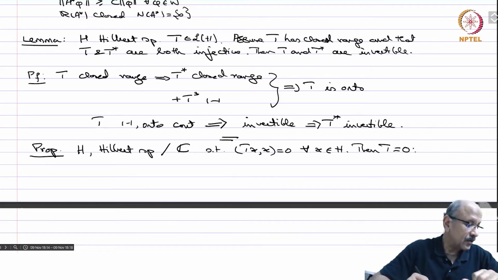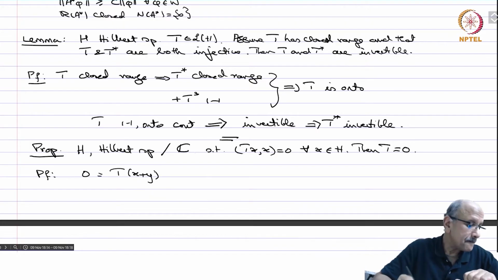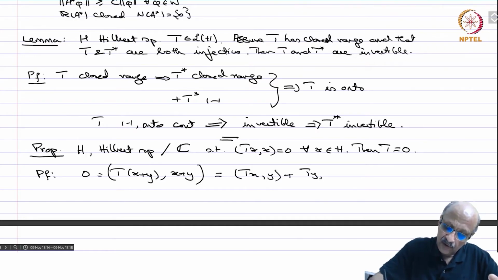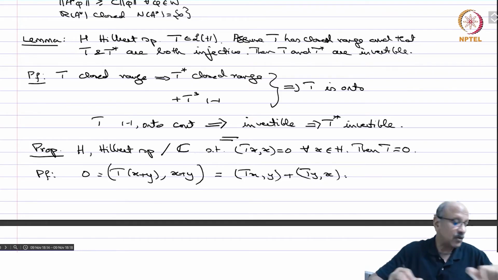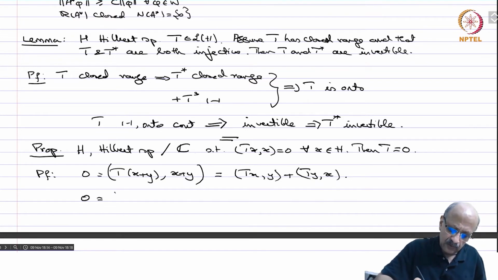So proof: 0 equals <T(x+y), x+y>, because for all vectors this is 0. So that means <Tx, x> is 0, <Ty, y> that's also 0. So you have <Tx, y> plus <Ty, x>, that's equal to 0.